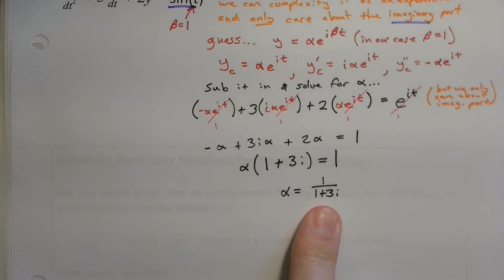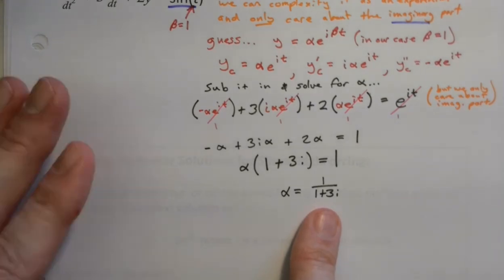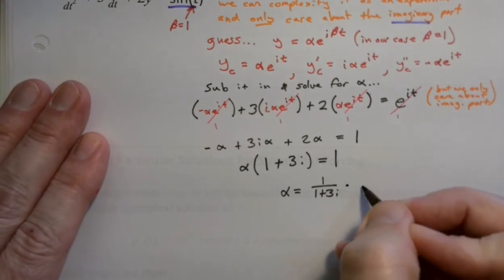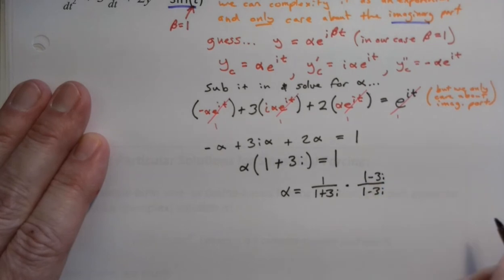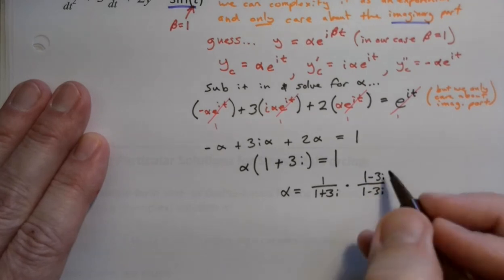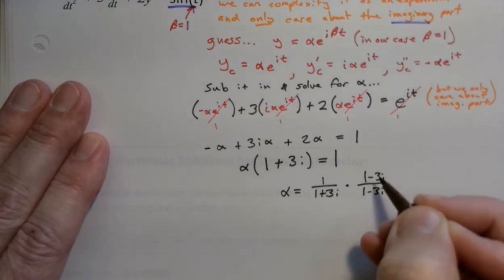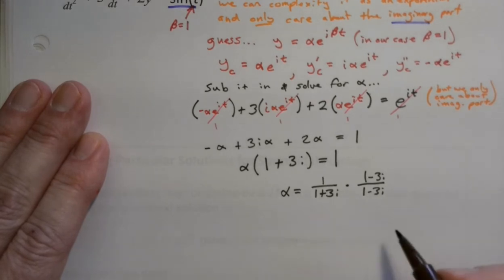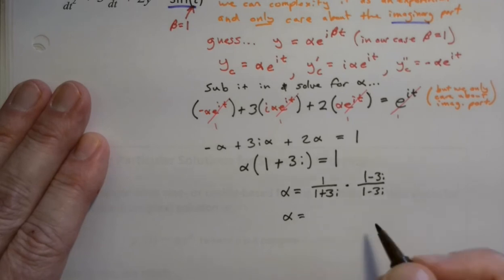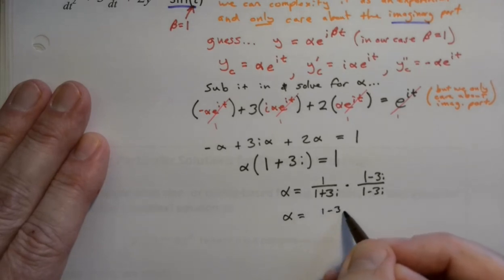Unfortunately, we can't actually divide by a complex number with an imaginary part. The best we can hope for is to use the complex conjugate to rewrite this. So I'm going to multiply this by 1 minus 3i over 1 minus 3i. Multiply that by the complex conjugate. This is the same thing as multiplying by 1, so it's not really changing anything. But it will get rid of the i in the denominator, and we'll be left with, up top, 1 minus 3i.